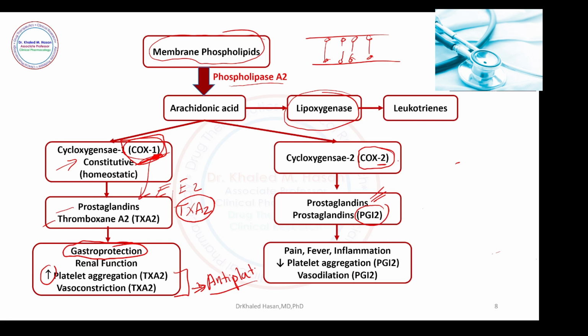So COX-2 leads to the formation of prostaglandin responsible for pain, fever, and inflammation. I'm going to focus on the GI system now, not on the blood disorder, for example. So COX-2 prostaglandin gives us pain, fever, and inflammation.